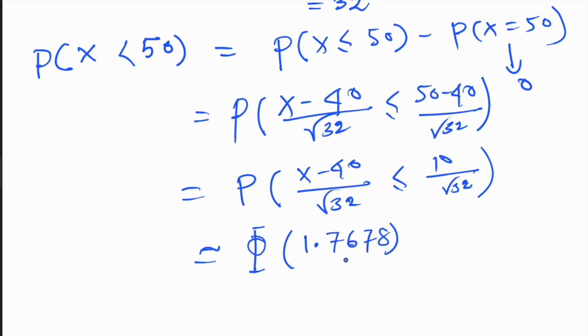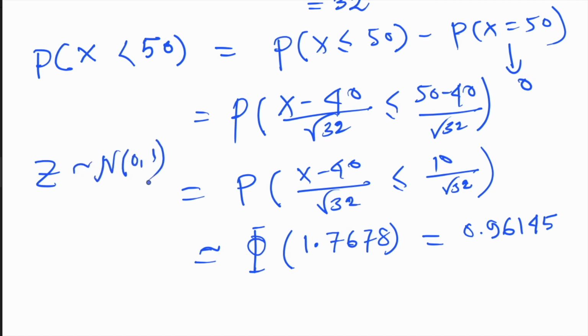So this value is 1.7678. So this is 0.96145. That is the probability. And here z means this variable is normally distributed with mean 0 and variance 1.